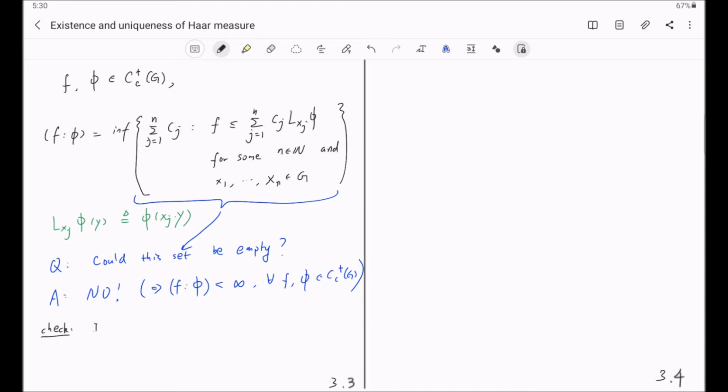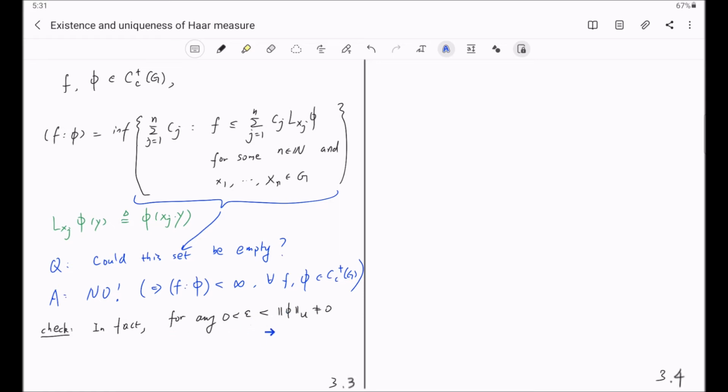In fact, for fixed f and phi, and for any epsilon greater than 0, but at the same time less than the supremum norm of phi on G, remember this guy is always a non-zero number. So we can choose epsilon less than this.